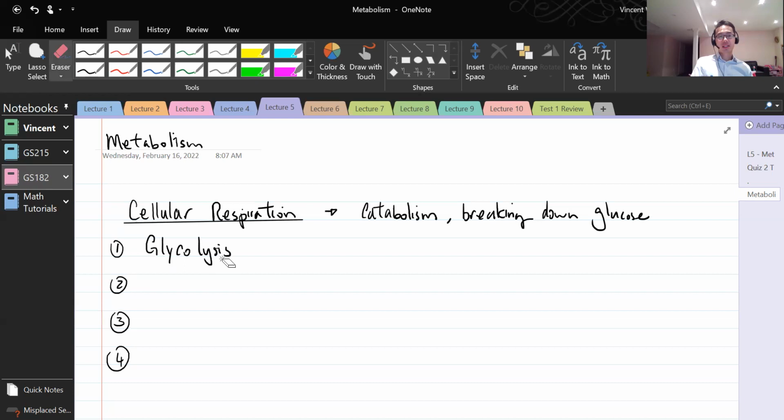Okay, so it's the splitting of glucose. Lysis is the break. Glyco is talking about the glucose. And then we're going to have pyruvate oxidation. Right? We're going to strip more electrons from the pyruvate. And then after that, we're going to have the Krebs cycle.